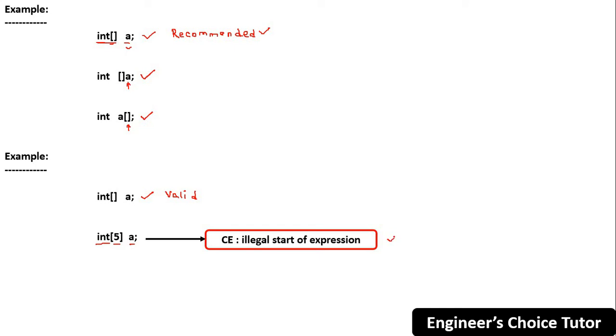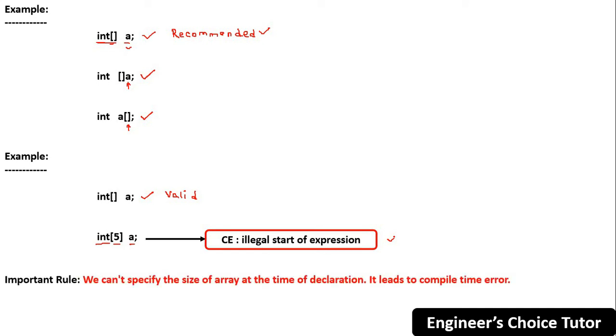What is the reason behind it? Why is it invalid? You might be thinking this. So we have this important rule. We can't specify the size of array at the time of declaration. It leads to compile time error. And here, what you are doing is specifying the size of an array at the time of declaration.